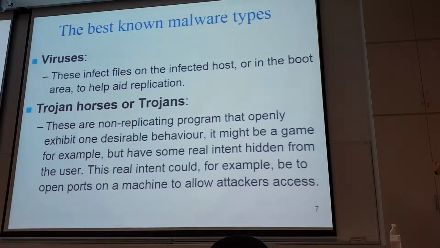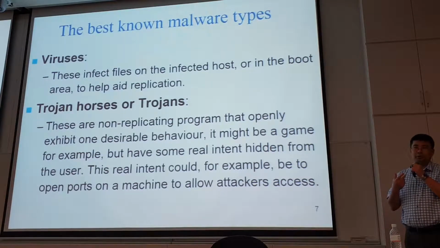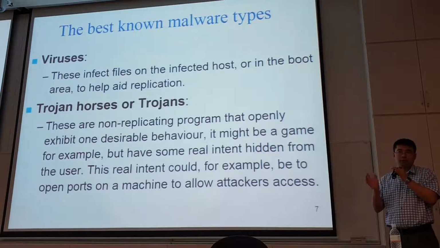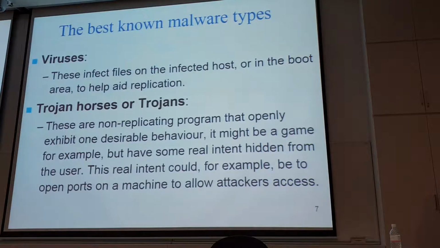A virus basically will infect files, but it needs a host. That means the virus is not a standalone program. It will attach itself to some host, like files, and will try to spread across the network among different machines. This is the behavior of a virus.